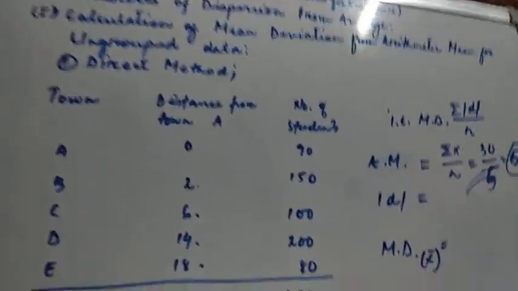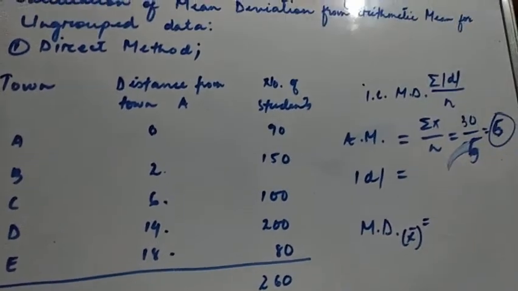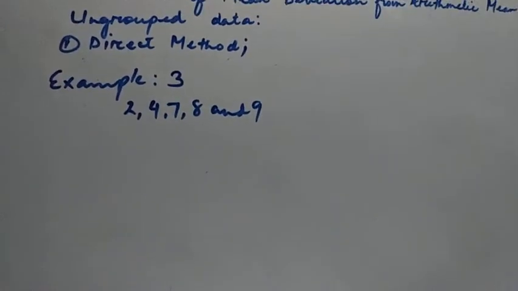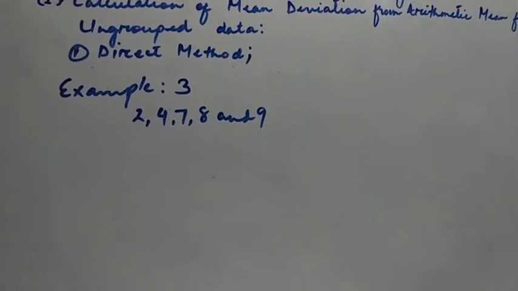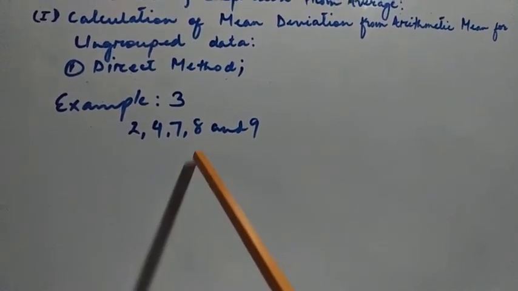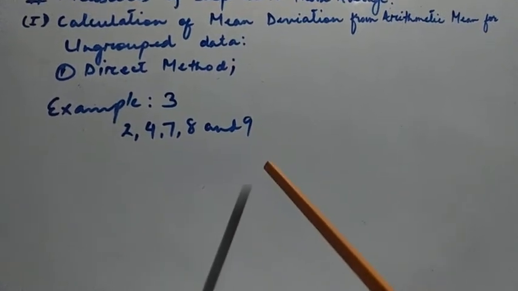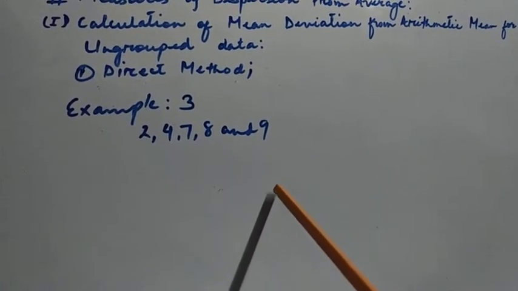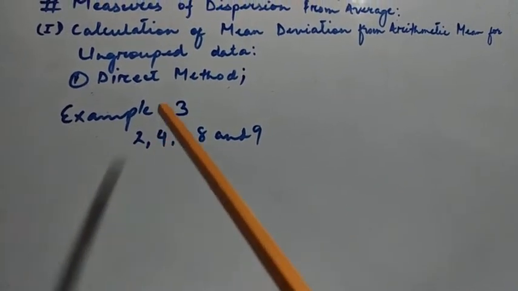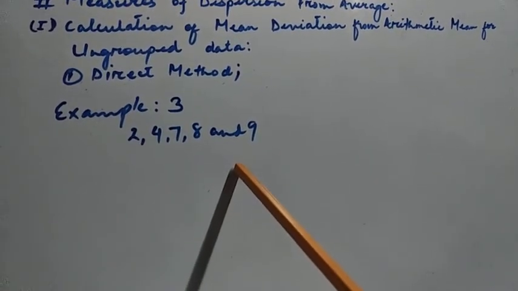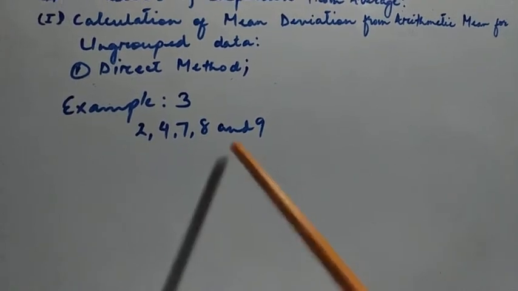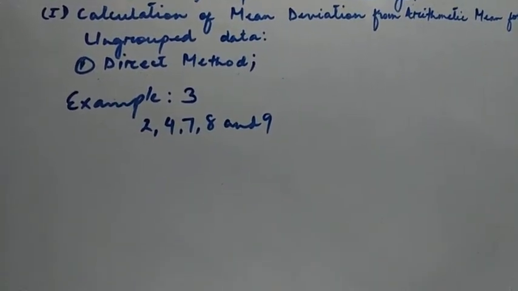And how do we find d? Okay, we were calculating for different data earlier. But now we are going to calculate the mean deviation of the following values. So the question is asking to calculate the mean deviation of these values.